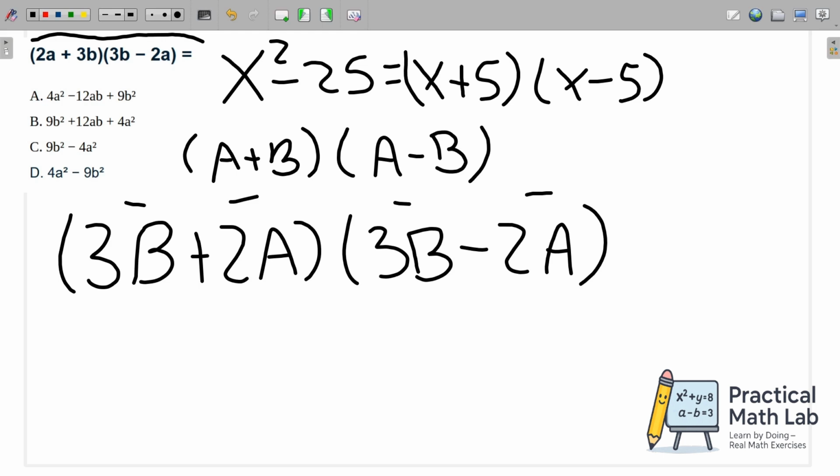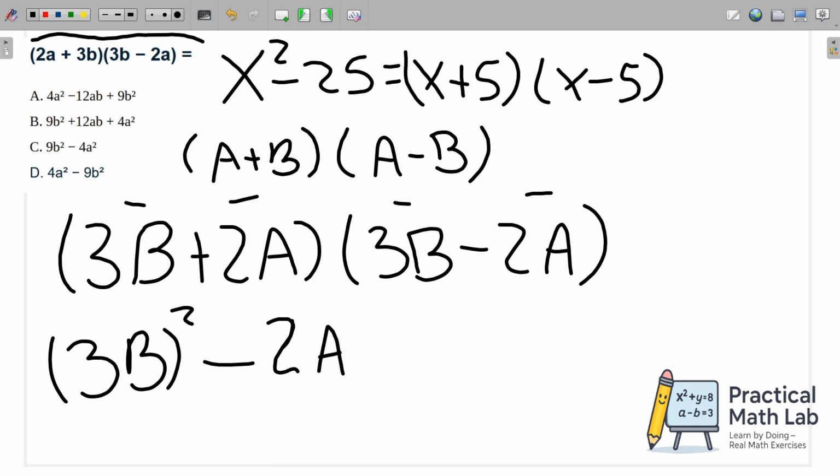This is an example of the difference of squares, a common algebraic pattern, which will be written as (3b) squared minus (2a) squared. In other words, we subtract 2a squared from 3b squared. 3b squared is 9b squared, minus 2a squared is 4a squared.